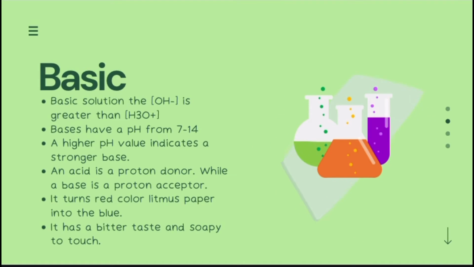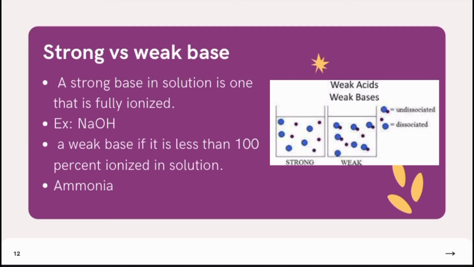It turns an indicator blue. It has a bitter taste and is soapy to the touch. Strong versus weak bases: a strong base in a solution is one that is fully ionized, like sodium hydroxide. A weak base is less than 100% ionized in a solution, like ammonia.